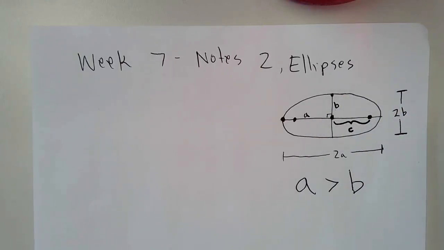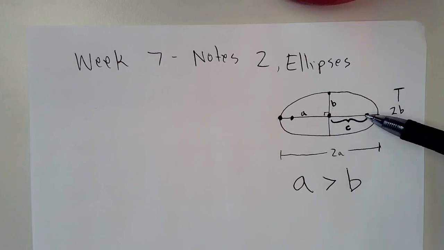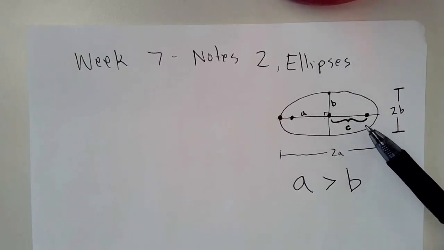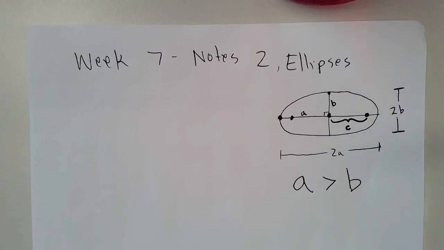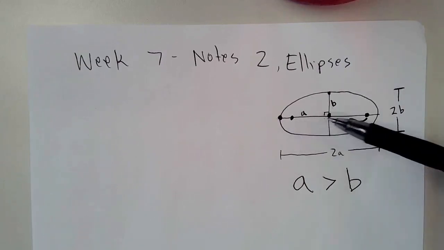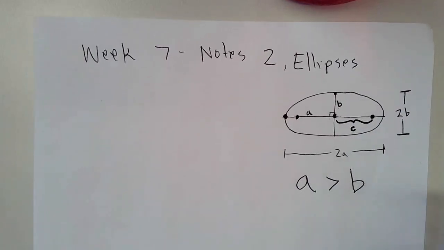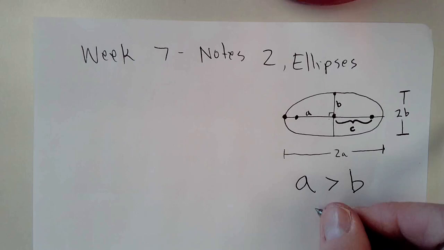All right. So having said all of that, there is actually a relationship between A, B, and C. And this isn't a relationship that you're going to need to memorize, but just get the picture of this in your mind. We need some way to identify the length of A, this length, the length of B, this length, and we need some way to identify C. But the relationship between all three of these, the A, B, and the C, is this.